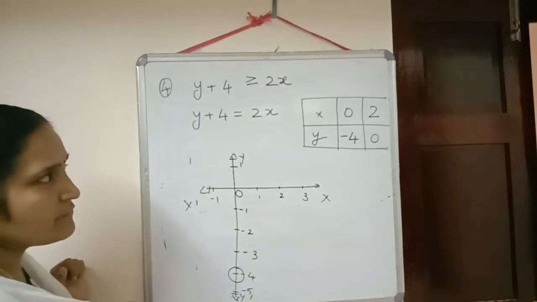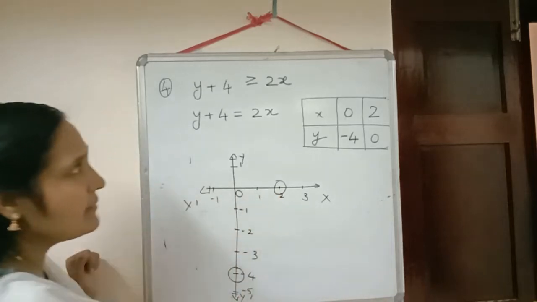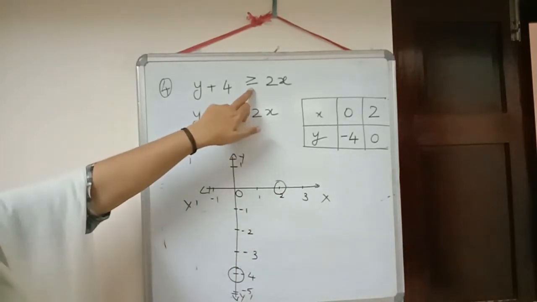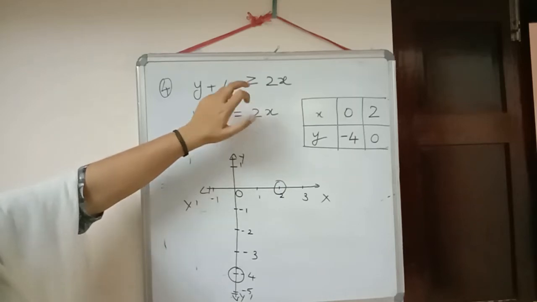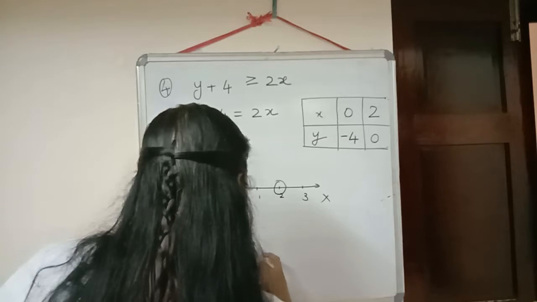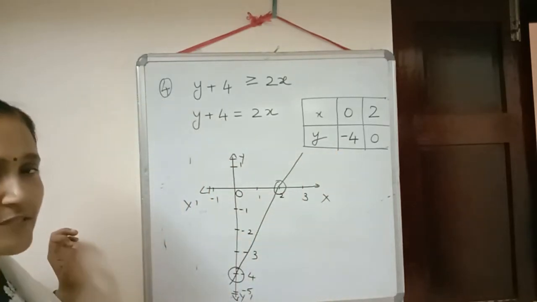Here we have minus 4 and then 2, 0. So here we have 2, 0. Then check strict inequality or only inequality. Equal to sign is there, so it is only inequality. So just draw a straight line there, with the help of a scale.